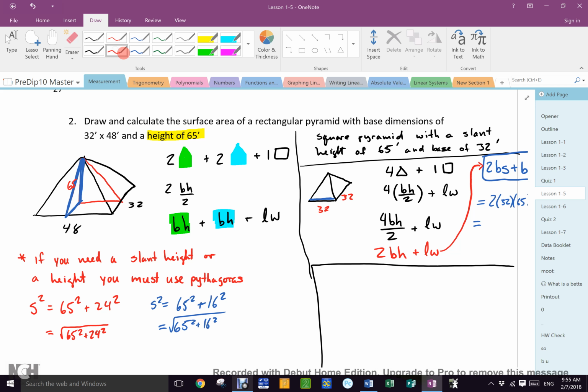Now, up here, remember, I'm going to erase all this. Remember, this was the green one, and this was the blue one, right? Where does the red slant height go? Is that green or blue? That's green because it's the 24.